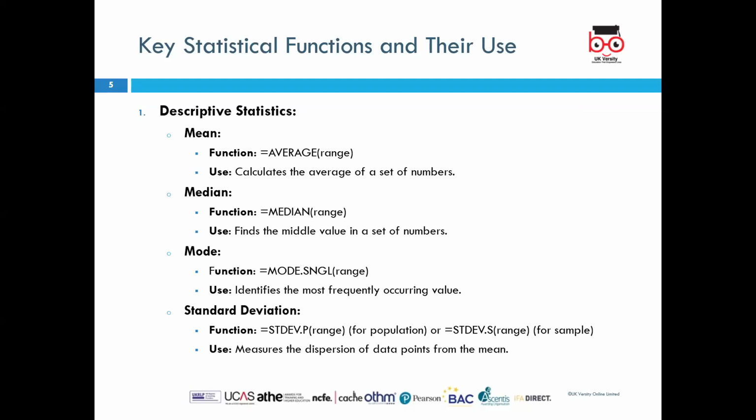So the functions that we're going to cover when it comes to descriptive statistics are: for our mean, average, which is used to calculate the average of a set of numbers; median, which is used for finding the middle value in a set of numbers; mode, which is used to identify the most frequently occurring value; and standard deviation, which is used to measure the dispersion of data points from the mean.